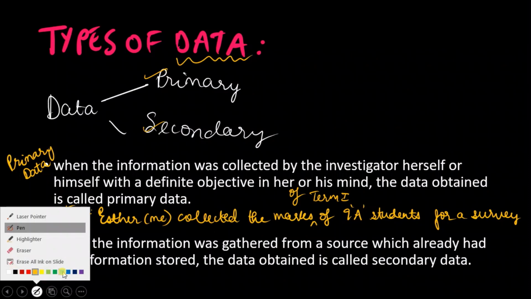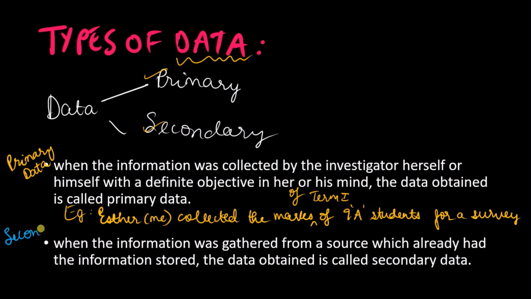Now the difference that secondary data gives us is this. When the information was gathered from a source which already had the information stored, the data obtained is called secondary data. Let's say there is a second person called Meera. Now Meera also wants the marks scored by 9A students in term 1. She also wants it for her own purpose, for her own analysis or survey, for her own objective. Now she doesn't need to go and collect, right?